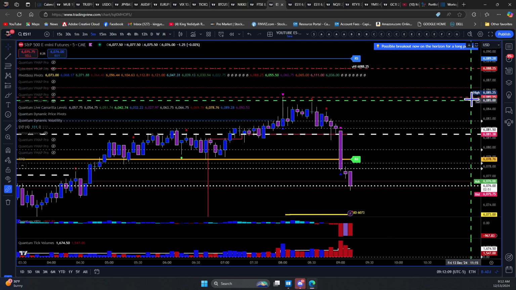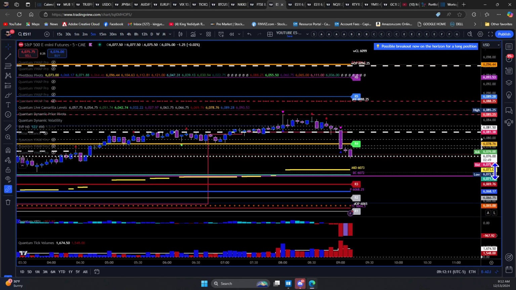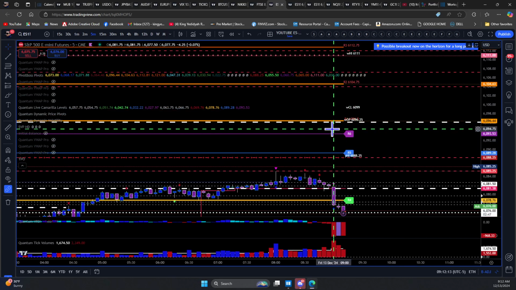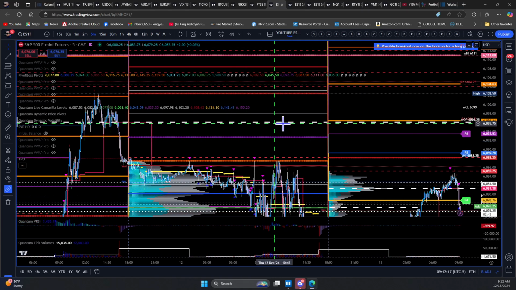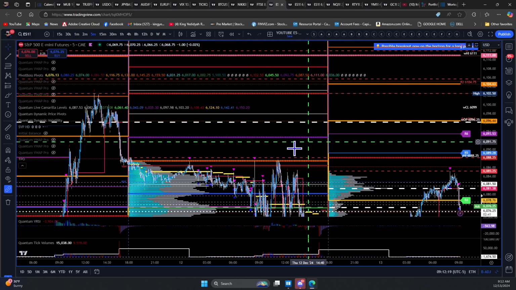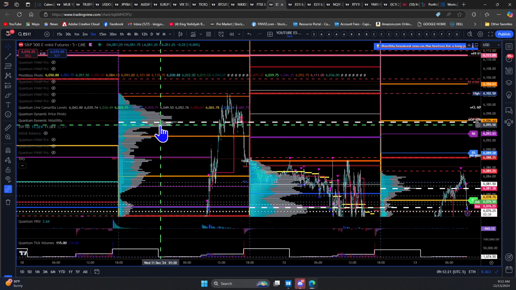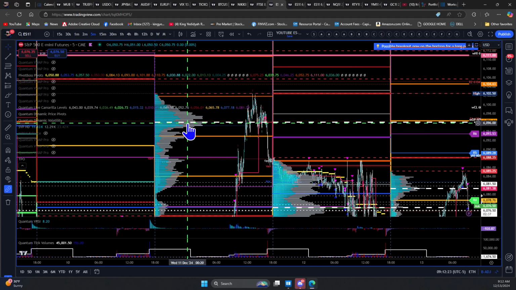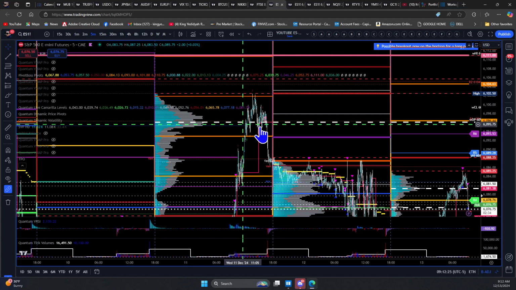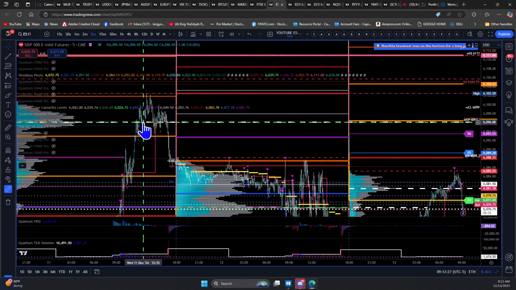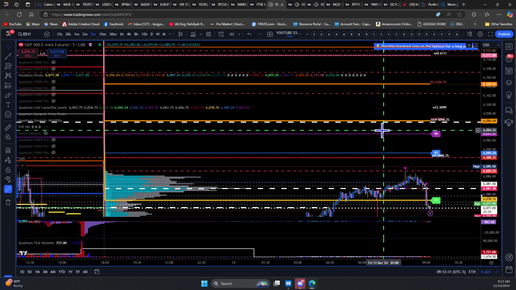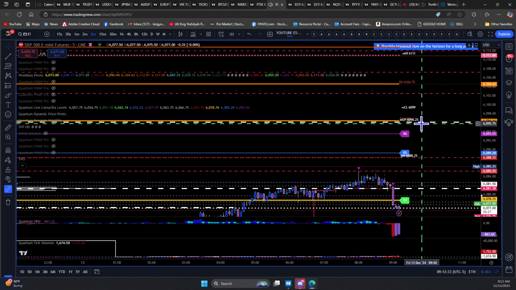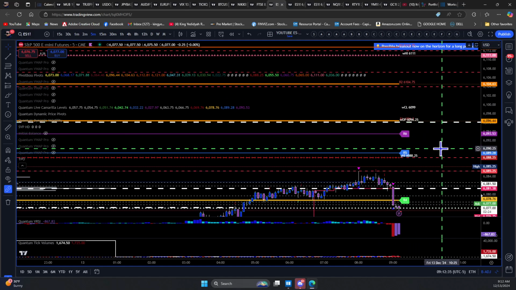So we don't really have any pivot levels close by. Floor pivot R1 is up here at yesterday's VPOC. You can see that white dash line right there. That's yesterday's VPOC. No, actually, it's a virgin POC from Wednesday, right? So that was VPOC from Wednesday. Still hasn't been touched since Wednesday.